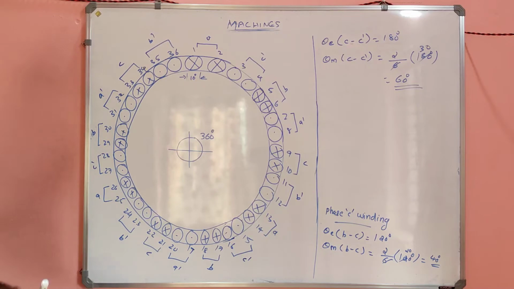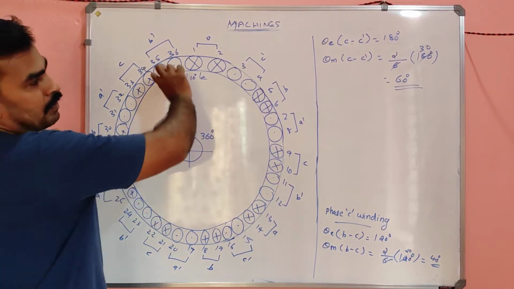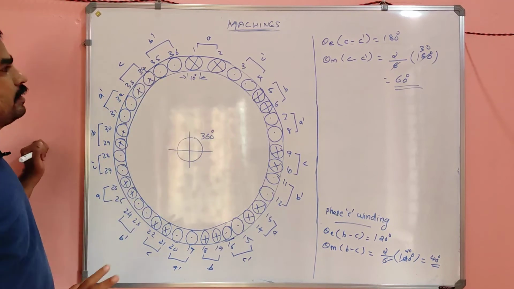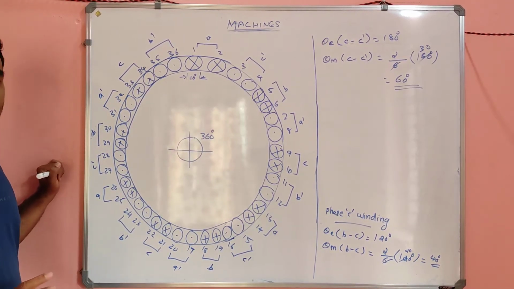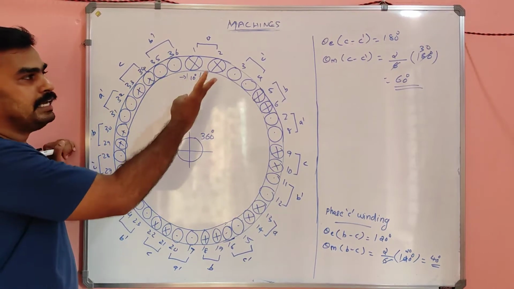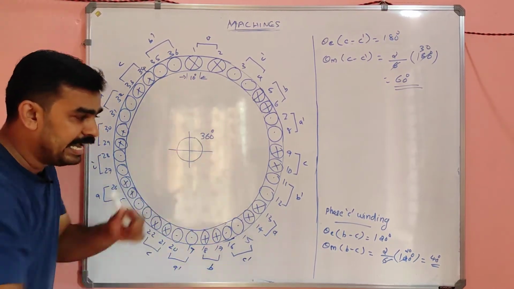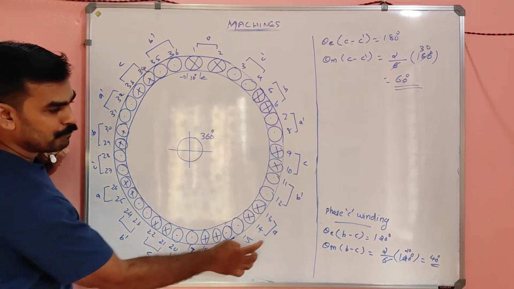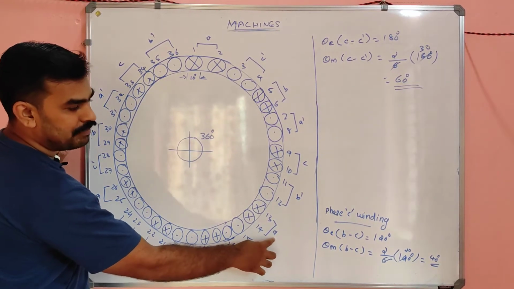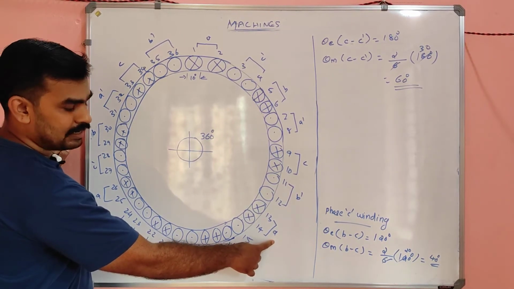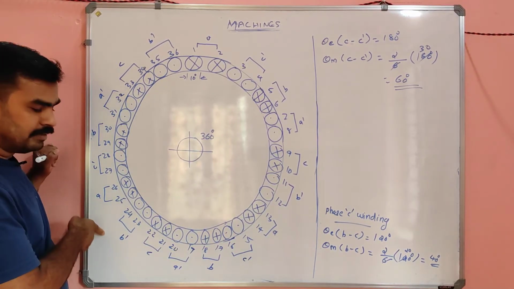So like that, every pole is arranged. Okay, so now phase A, B, C is over. Again phase A starts from here, and again the whole thing will be continuous.